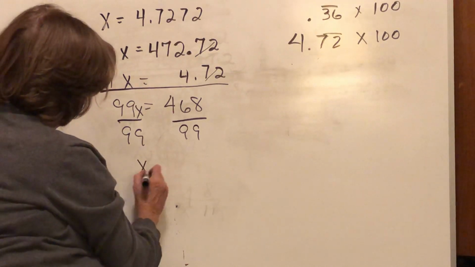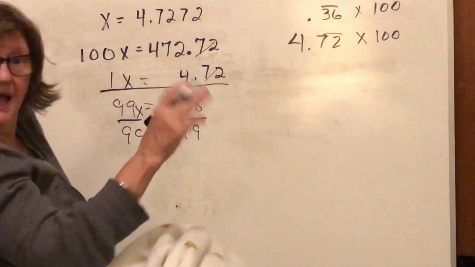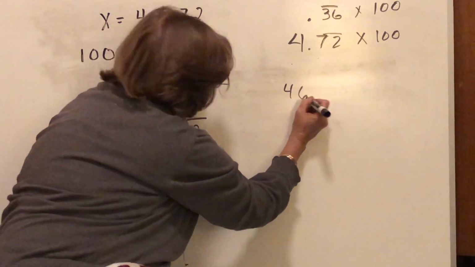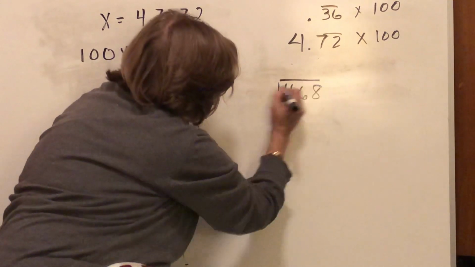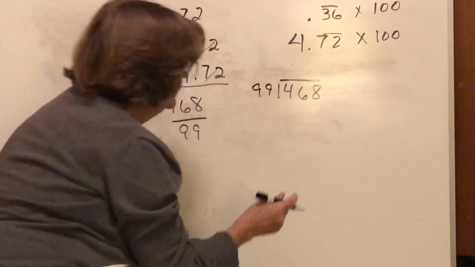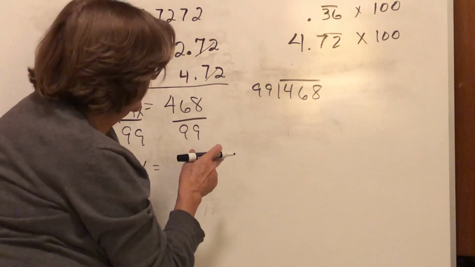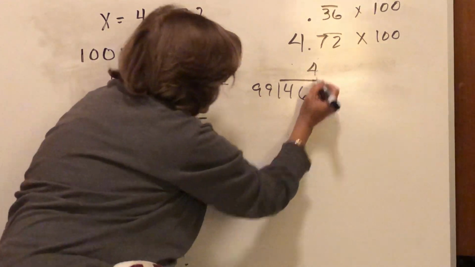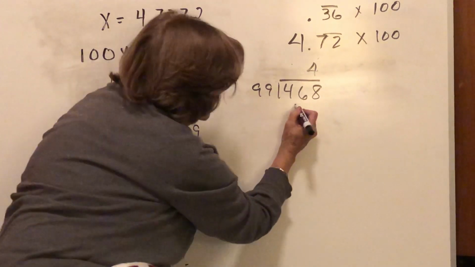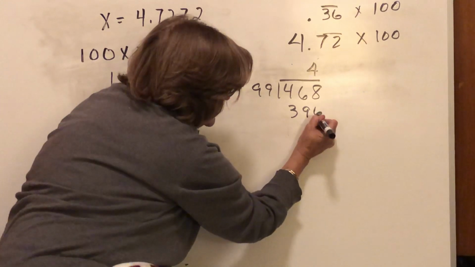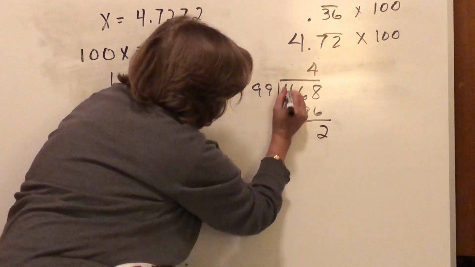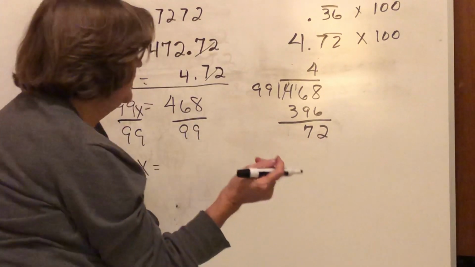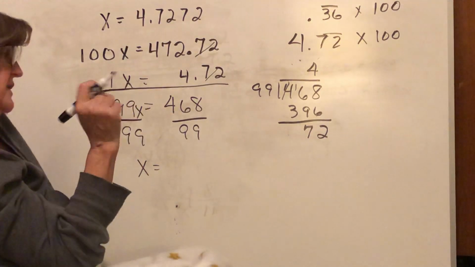And my x is equal to, and I don't have a calculator with me, so I'm just going to do that over here. 468 divided by 99. 99 goes into 468 a total of 4 times. If I multiply that together, I get 396. So there's 2, 16 means that's 7, okay? So I've got 72, a remainder of 72.